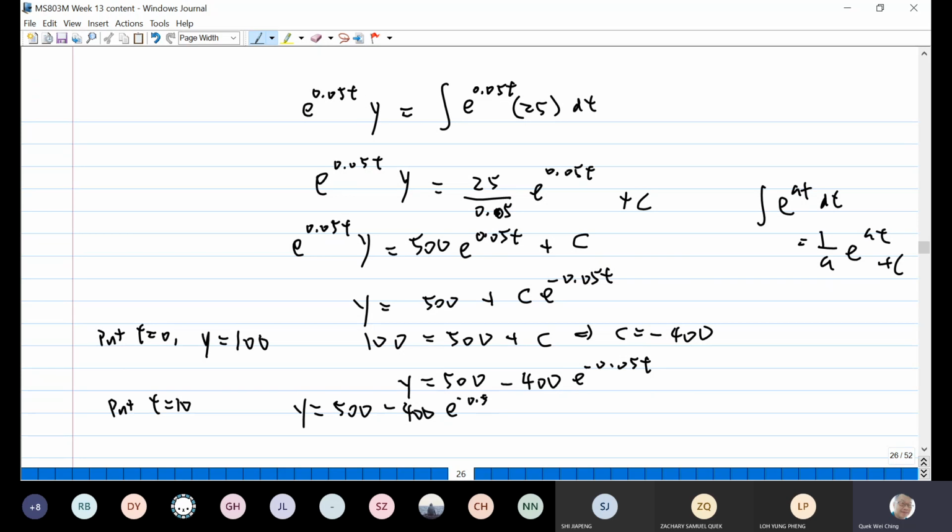You can press the calculator: 500 minus 400 times shift e to the power minus 0.5, and then you'll find that y is 257.4.